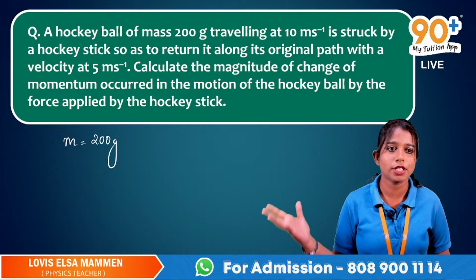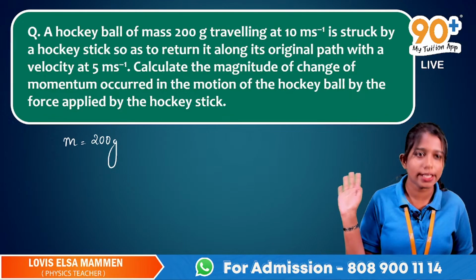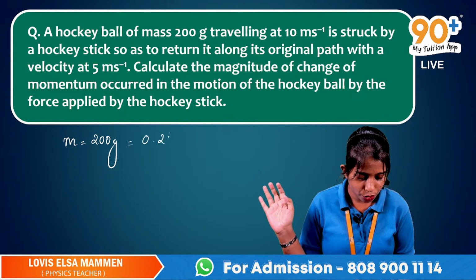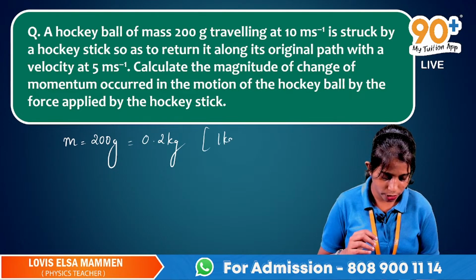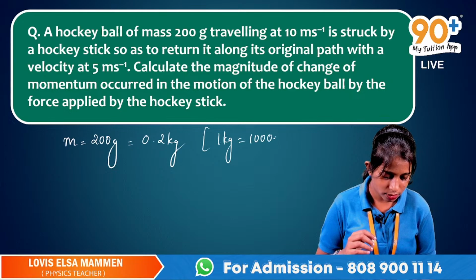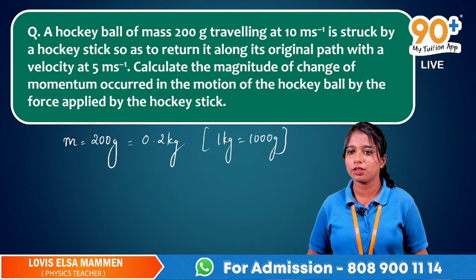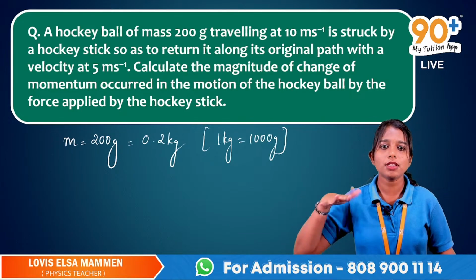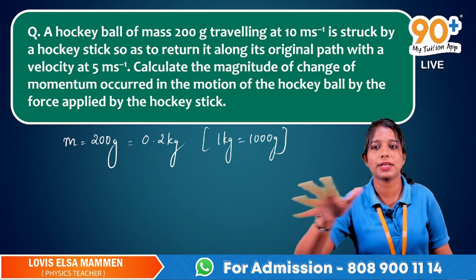So if it is 200 gram, just divide it by 1000. It is 0.2 kilogram, because 1 kilogram is equal to 1000 gram. Now this hockey ball, which has 0.2 kilogram, is traveling at 10 meter per second.